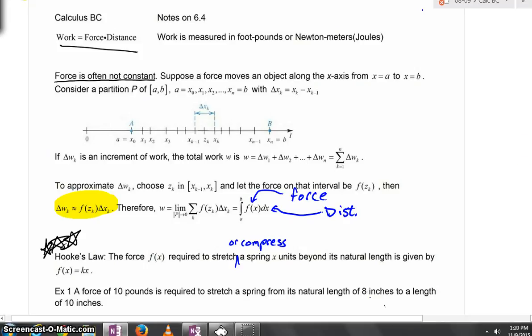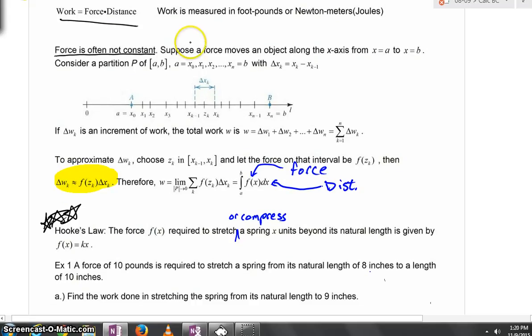Well, we've got a little diagram to help us see that. Suppose a force moves an object along the x-axis, along a straight line, from x equals a to x equals b, and let's slice up the distance that we're going to be moving. Slicing this up into tiny little increments is a brilliant and wonderful way to deal with this problem. Imagine that we chop up this interval from a to b into subpartitions.